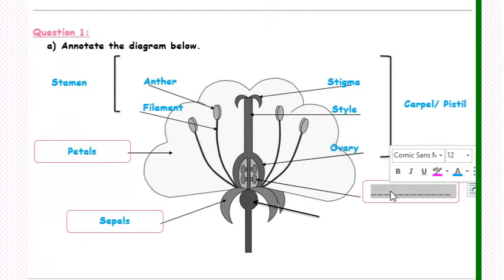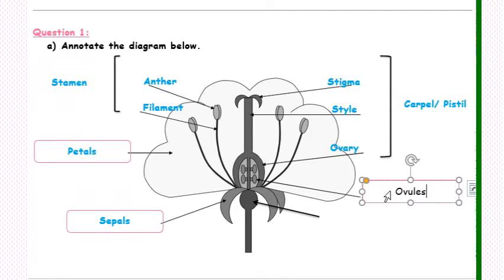Inside the ovary we have the eggs called the ovules.